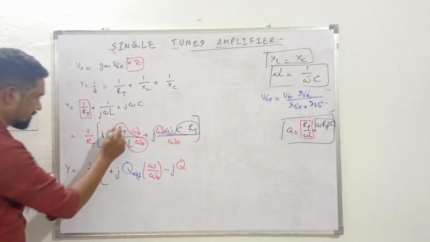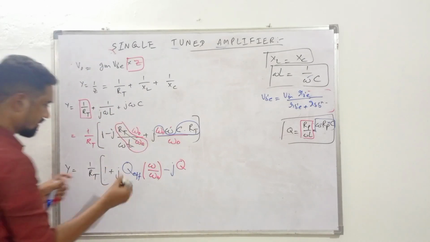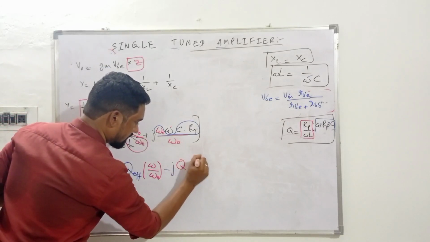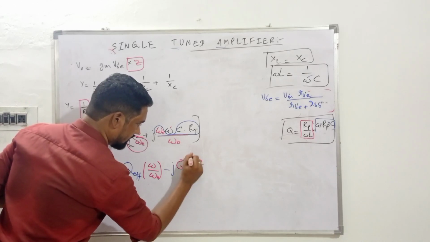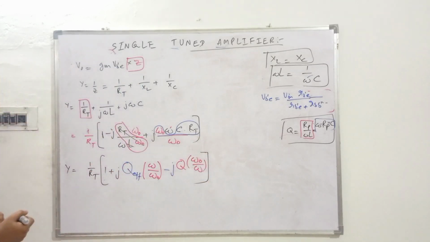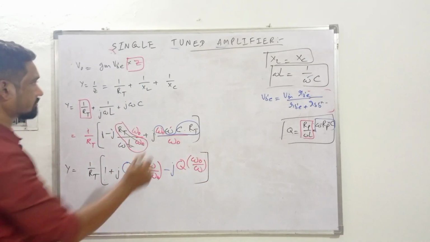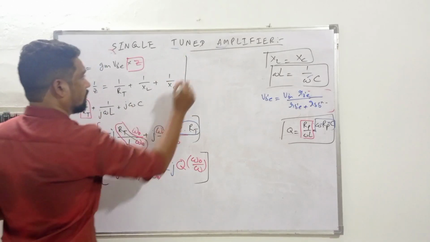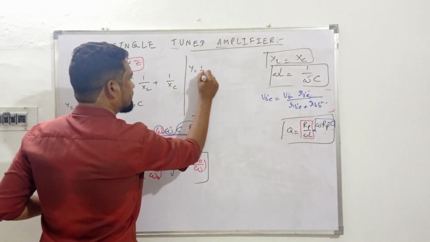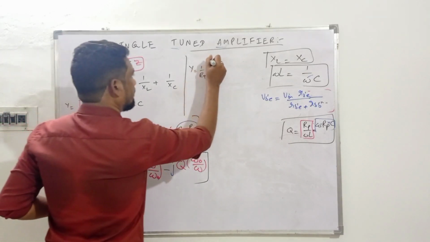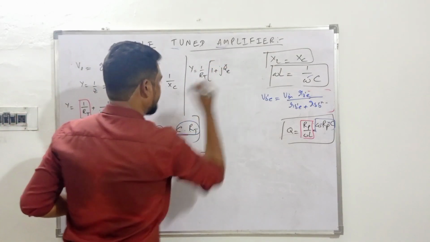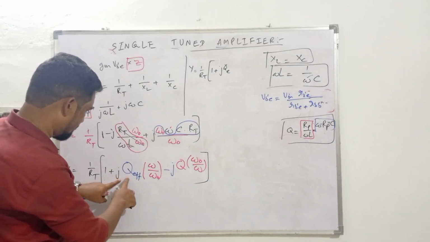So if we have taken this away, which ratio is left over? Once again, omega naught by omega is left over here. Is that clear? So Y will be equal to 1 upon R_T, which is common, and 1 plus j Q effective, and here j Q effective.